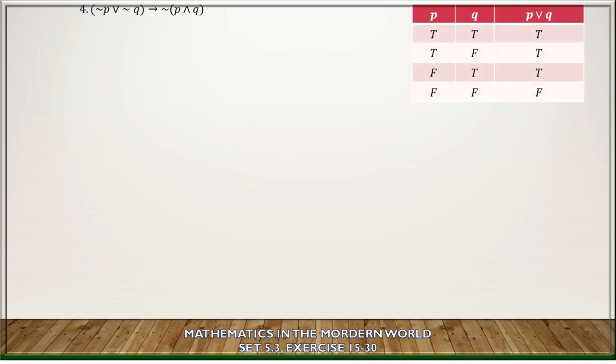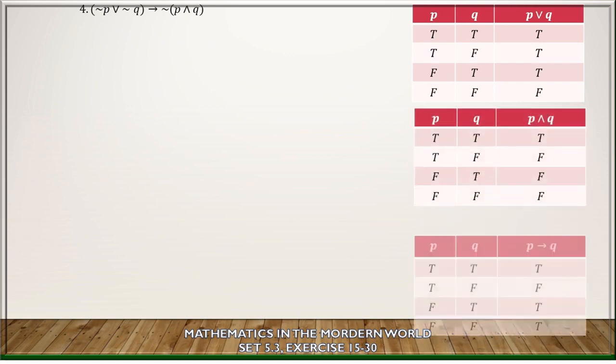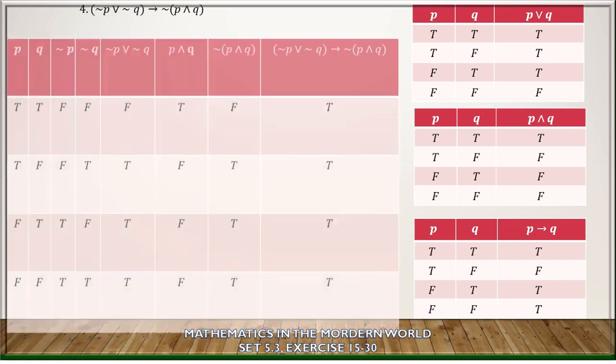For number 4, the conditional of the disjunction of not P and not Q, then the negation of the conjunction of P and Q. We'll be using the truth table of the disjunction, conjunction, and conditional.